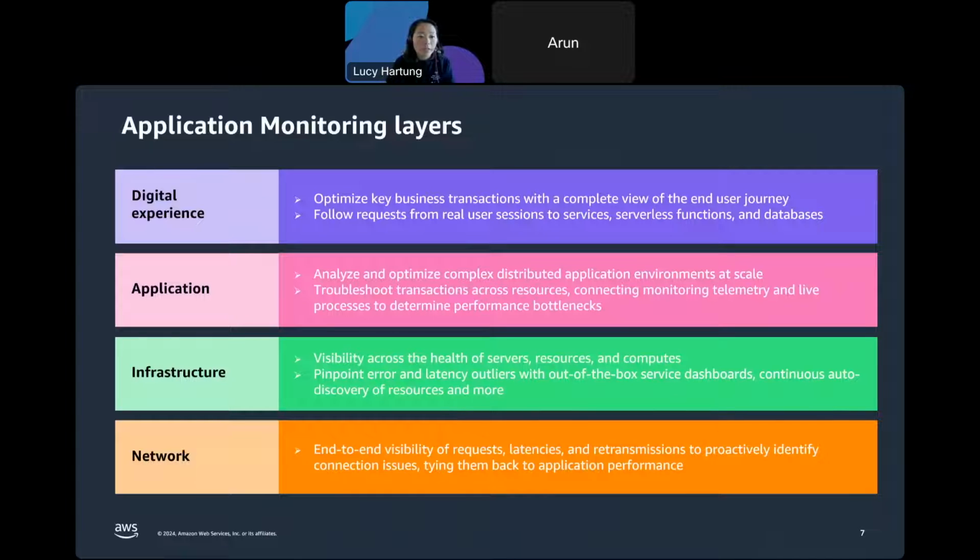And let's not forget about the digital experience. There are users who are interacting with your applications today. If they cannot access your application, or if there's a delay, that results in a poor user experience. We certainly need to take care of those issues as well. So those are 4 key layers that we care about in terms of application monitoring.